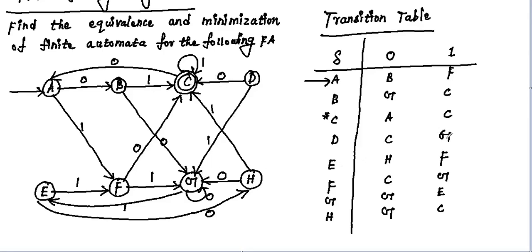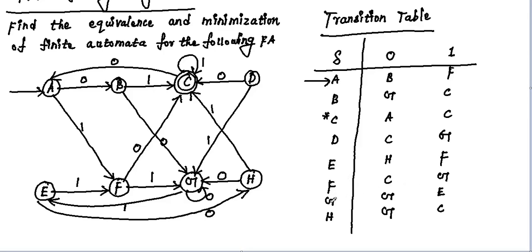Here you write CG. Next state E, apply inputs 0, 1: E0 reaches H, E1 reaches F. Here you write HF. Next state F: F0 reaches C, F1 reaches G. Here CG.